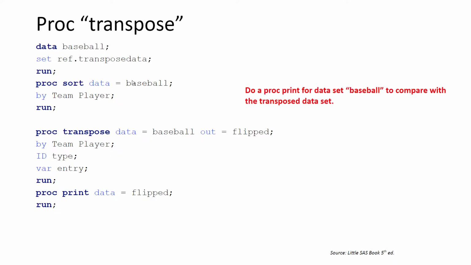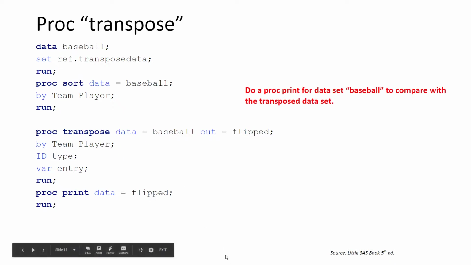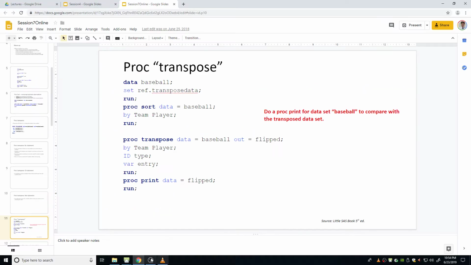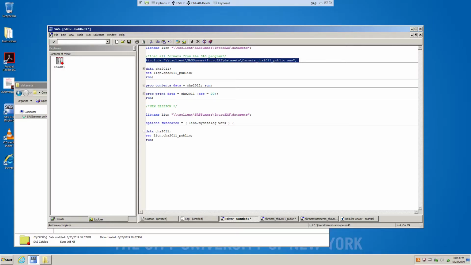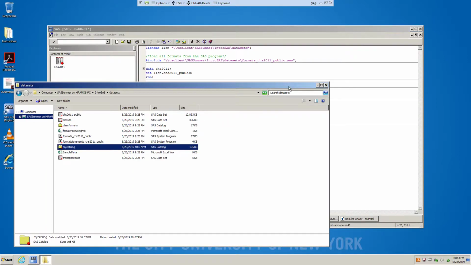So let's look at this proc transpose example, and we're going to use the transpose data set in our folders. So we'll pull up my VM here and run this transpose data.